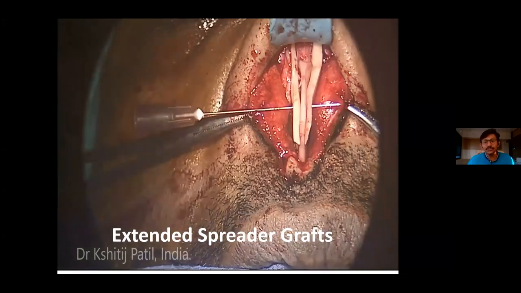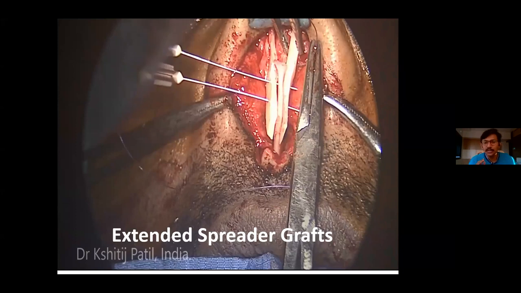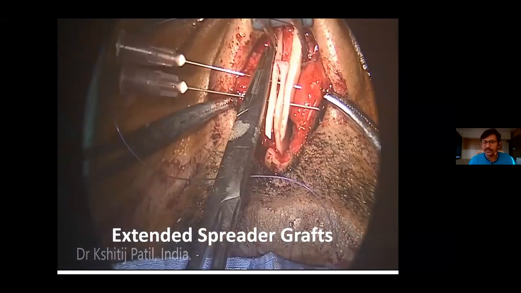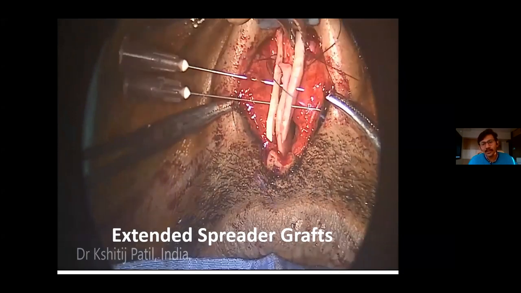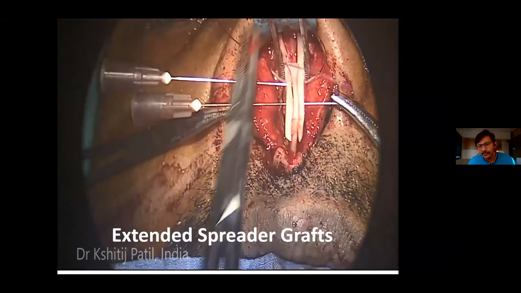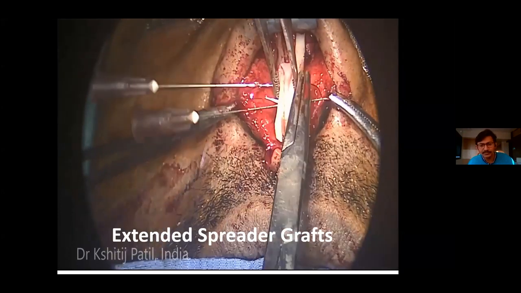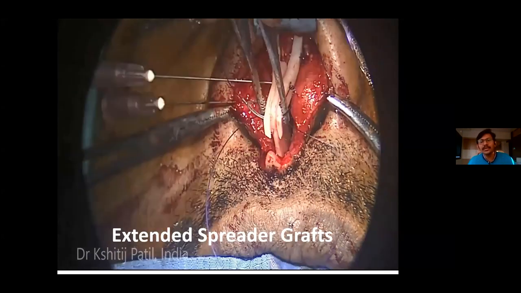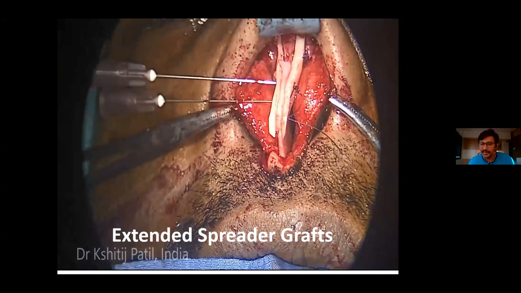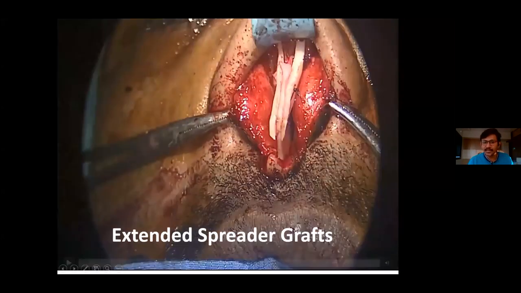So upward rotation can be a little easier, but believe me, downward rotation is definitely not easy. So we had to use lateral crural, we had to use extended spreader grafts here in addition to the septal extension graft I've used in this case over here. So by means of this, you have actually increased the length of the septum, and then the lateral cartilages are advanced on the top of this assembly.